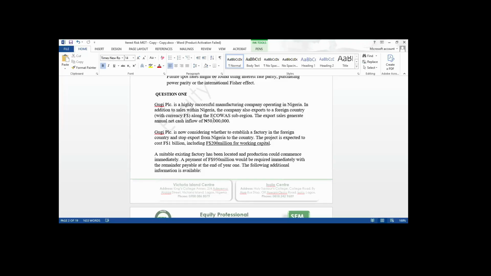Google PSC is now considering whether to establish a factory in the foreign country and to stop exports from Nigeria to the country. The project is expected to cost $1 billion, including 200 million for working capital.